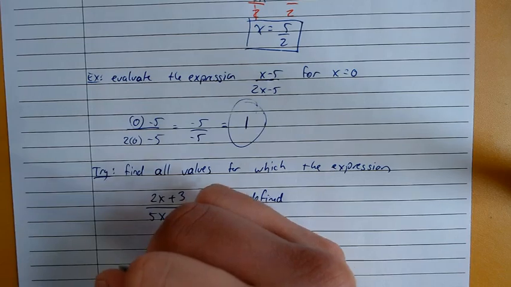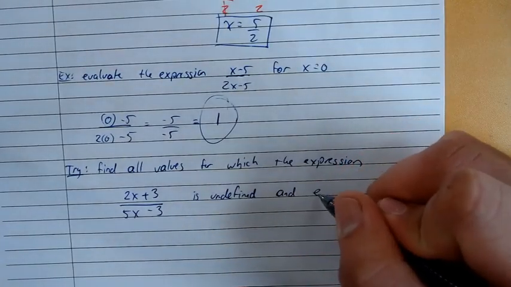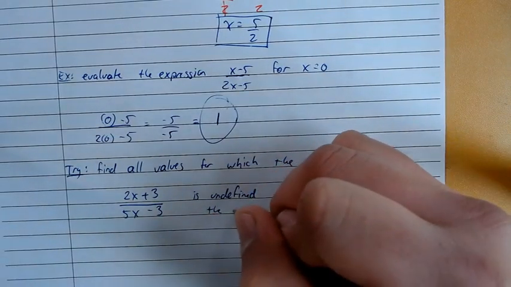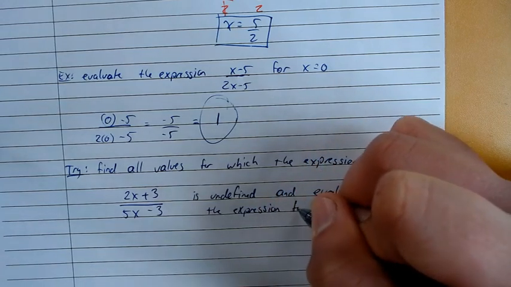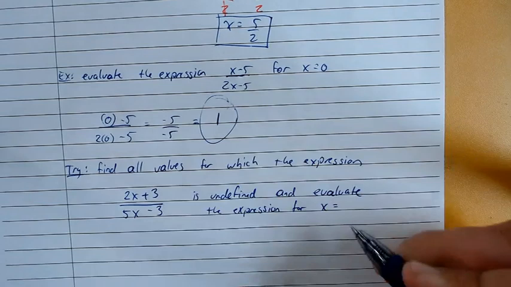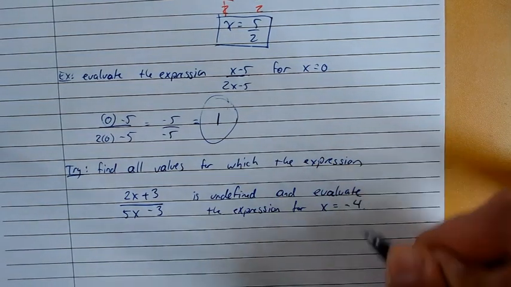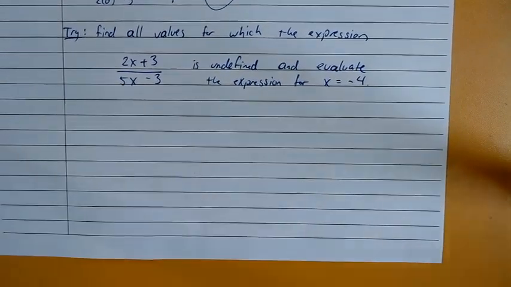And evaluate the expression for x equals negative 4. All right, so go ahead and pause the video and give that a try. Once you're done, go ahead and unpause and we'll go through it together.